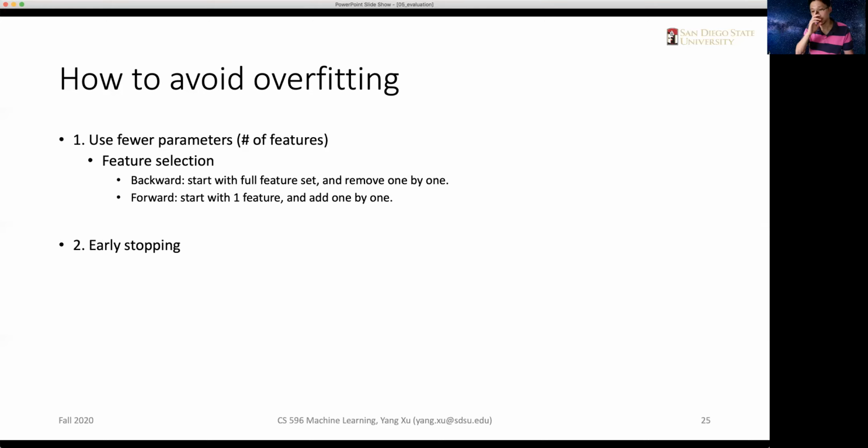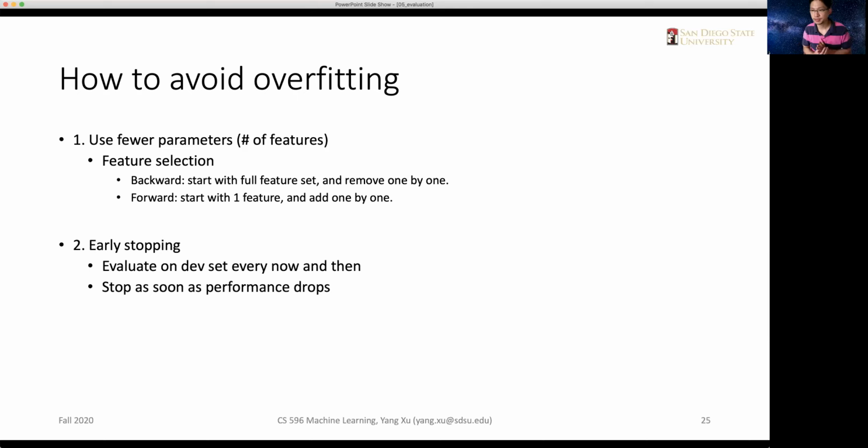And something called early stop deals with another cause for overfitting. We don't want to train a model so that the losses are squeezed to near zero, but that is not necessarily the best case.